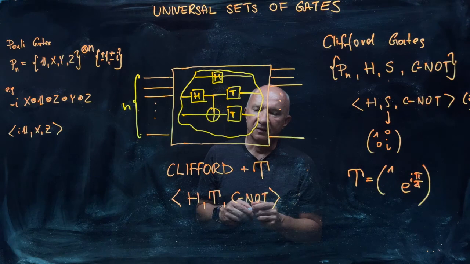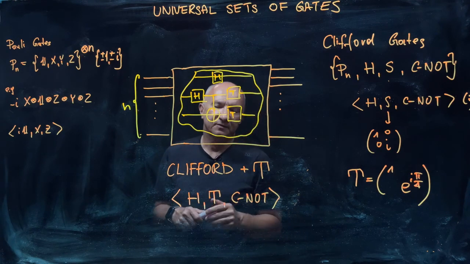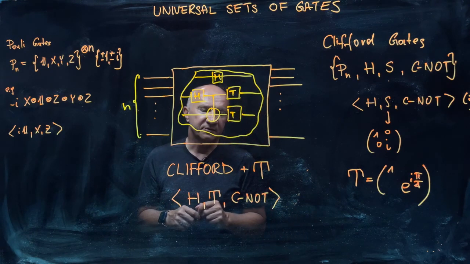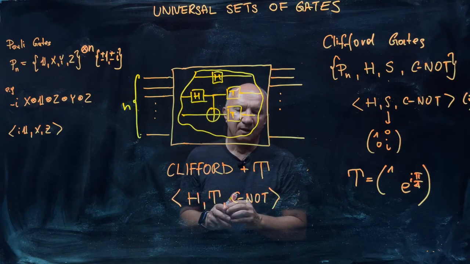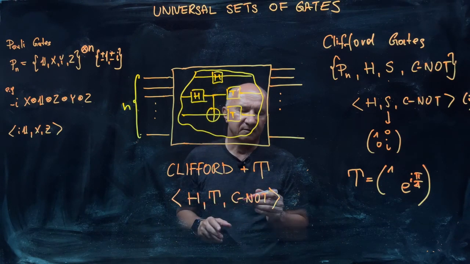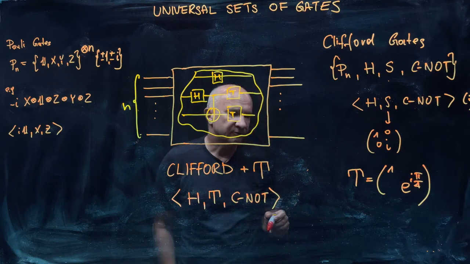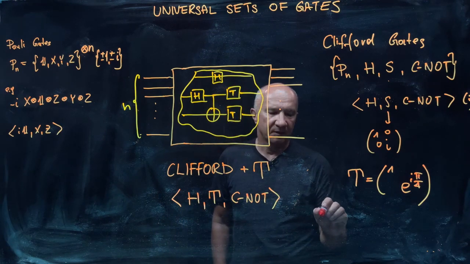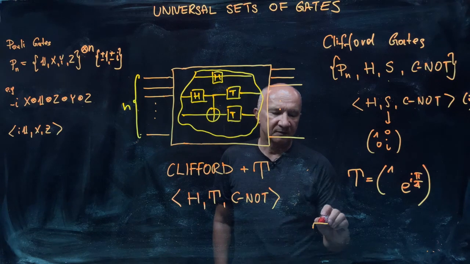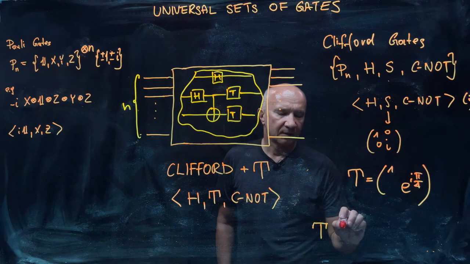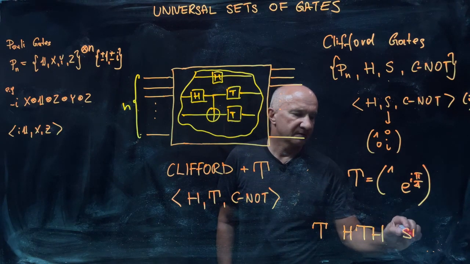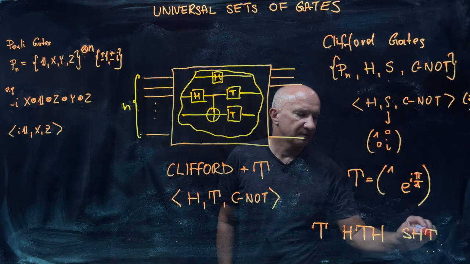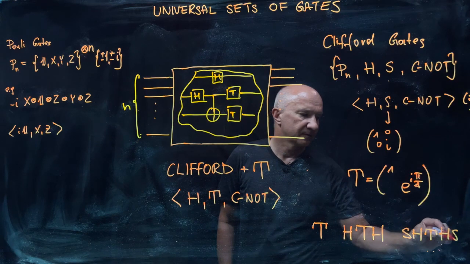In particular, the construction on a single qubit is truly beautiful. It involves using the gates T, H, TH, and SH, TH, S dagger.